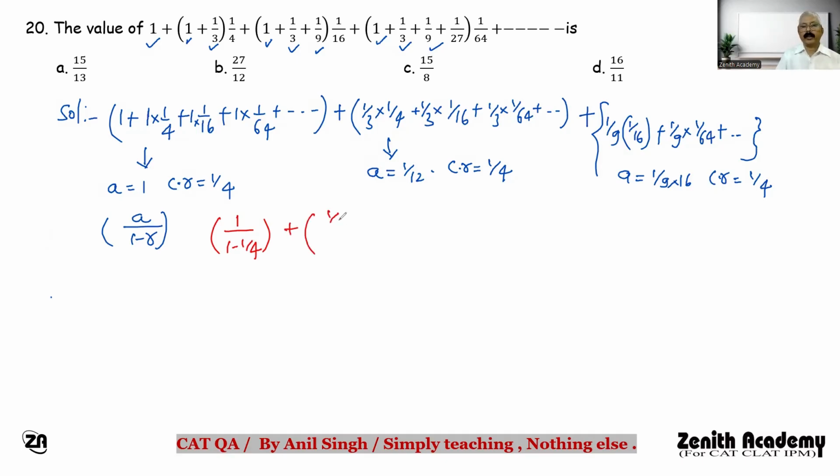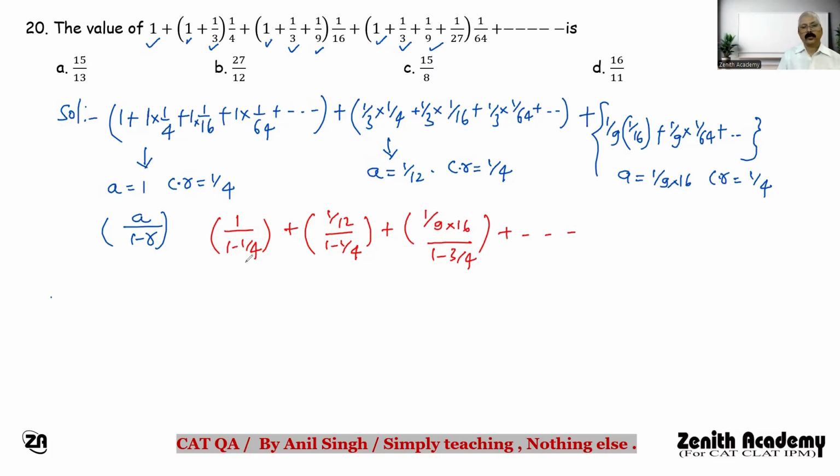And here, 1 by 12 upon 1 minus 1 by 4. And here, 1 by 9 into 16 upon 1 minus 3 by 4.